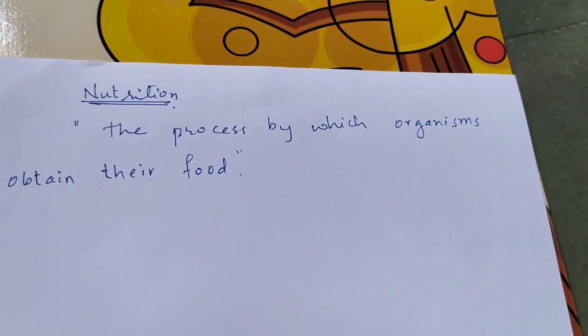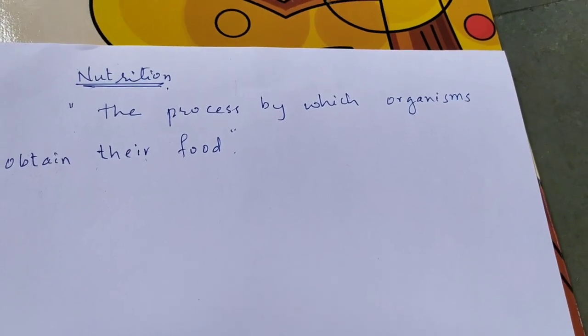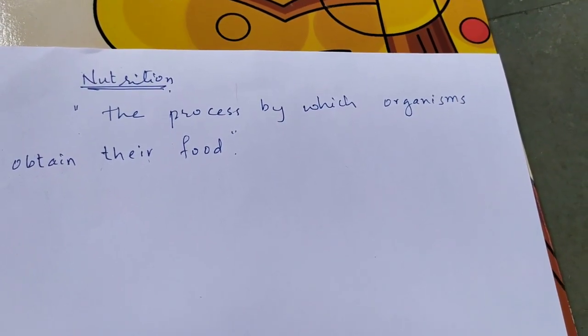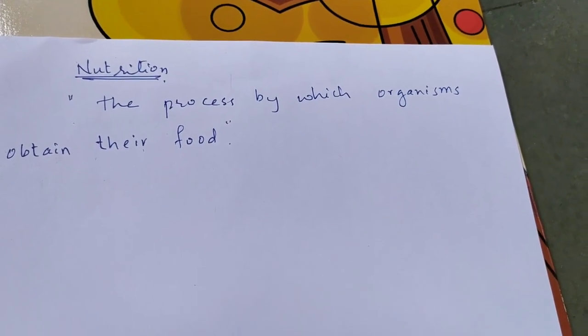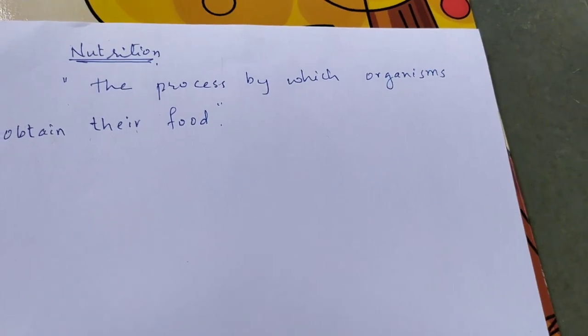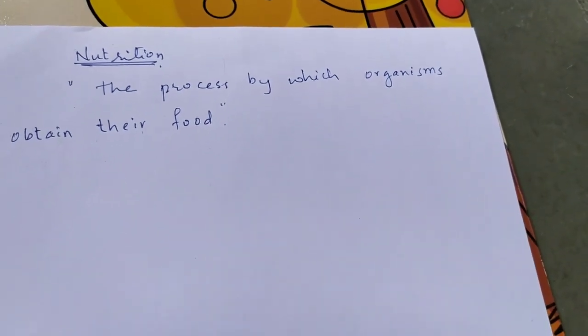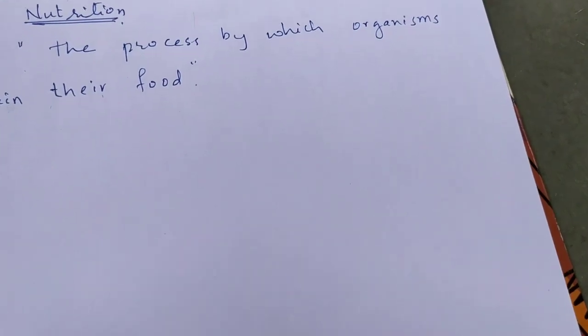Now let us know, do all organisms follow the same mode of nutrition? No. Obviously they don't follow the same mode of nutrition. Organisms vary in their mode of nutrition. So we are going to learn what are the different modes of nutrition that the organisms follow.